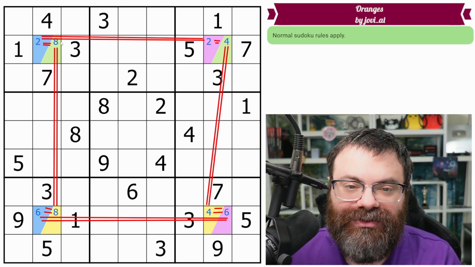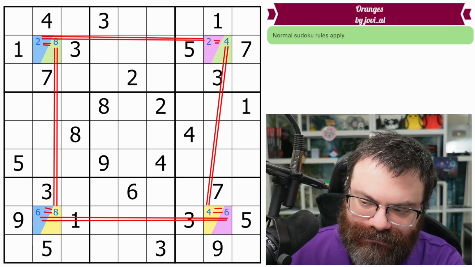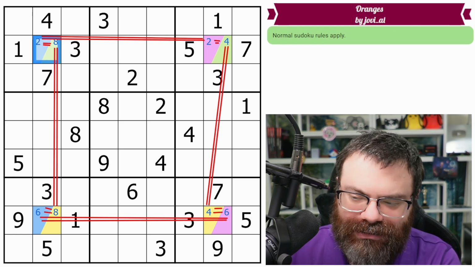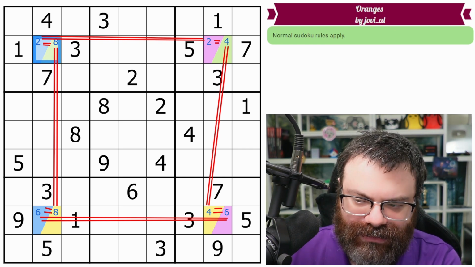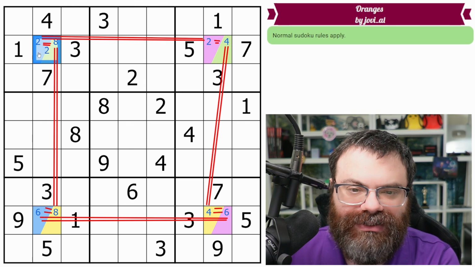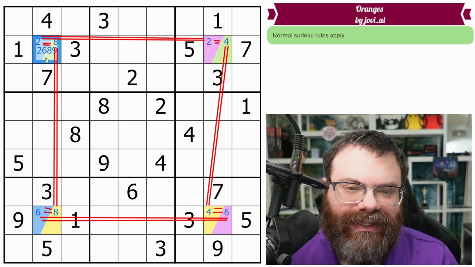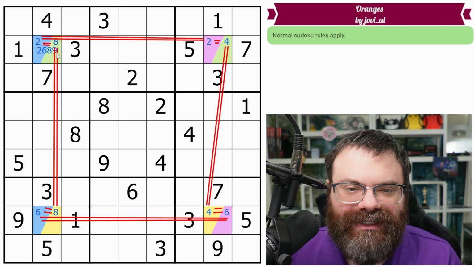Well, if 2 is true and 8 is true, let's think about this cell. So let's look at this cell. What could this cell be? If we just pencil its options, well, it could be 2, can't be 3, 4, 5, could be 6, can't be 7, could be 8, could be 9. So we're saying this can be 2, 6, 8, or 9.